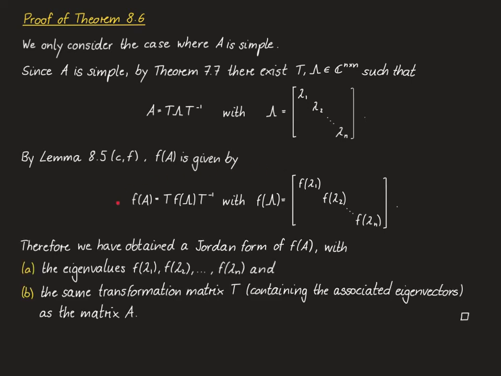Observe that with these two formulas, we have actually obtained a Jordan form for f of A with the eigenvalues being f of lambda 1, f of lambda 2, and so on up to f of lambda n, namely the diagonal entries of the matrix f of Lambda, and the same transformation matrix T here and here as for the matrix A. And since the transformation matrix contains the eigenvectors of f of A, this means that f of A and A have the same eigenvectors. And this completes our proof.